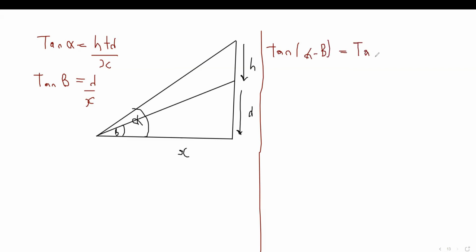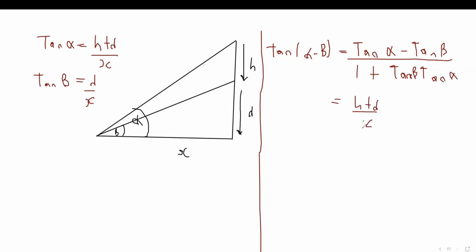So this is just going to be tan alpha minus tan beta over 1 plus tan alpha tan beta. That's the easy question they have right here. And all we're going to do is substitute those values right there. So plug in tan alpha as h plus d over x.